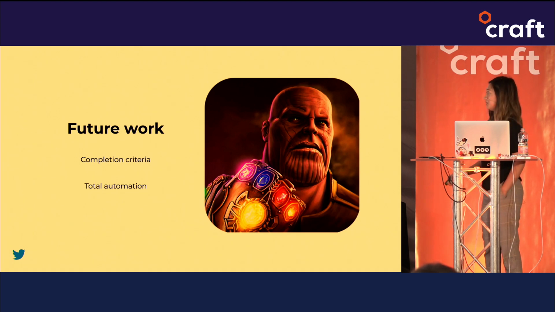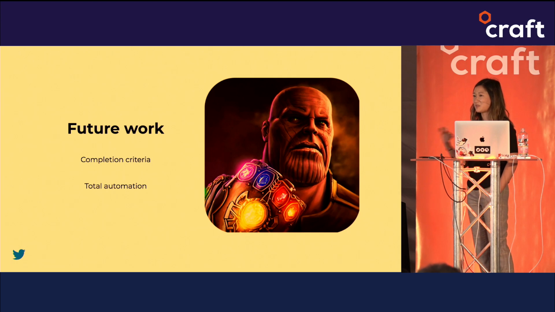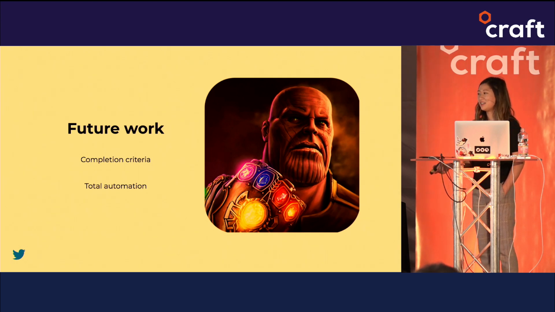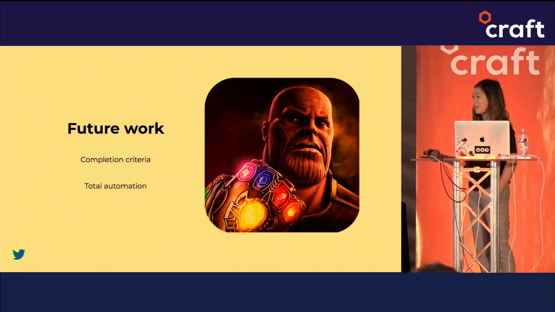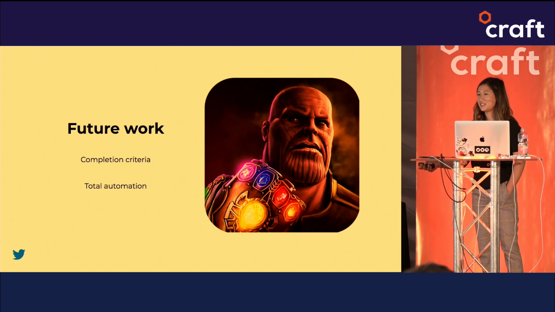A long-term goal is total automation of the whole process. Right now, the parameter configuration tuning part is automated, but eventually it could be nice to have the optimal parameter configuration applied to production settings, and then the service owner doesn't have to do anything.